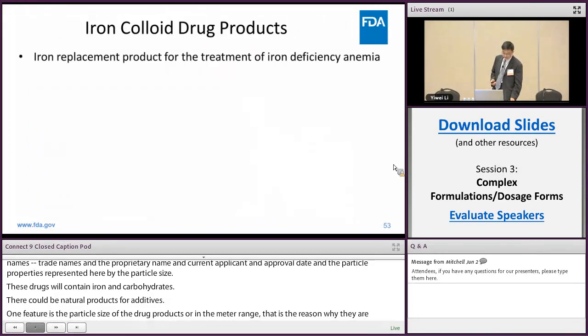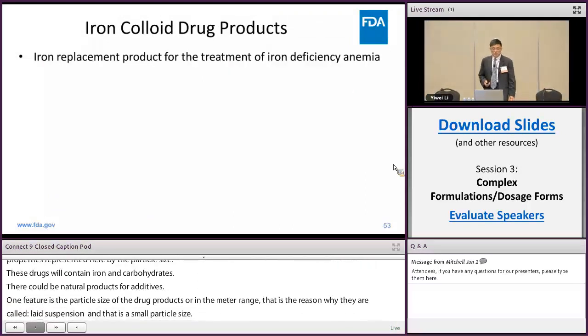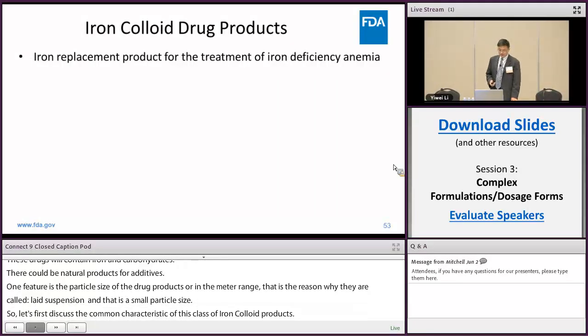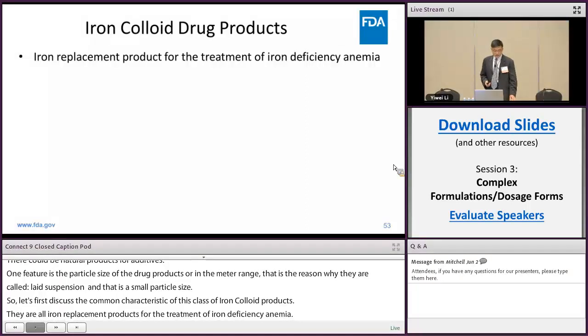So let's first discuss the common characteristics of this class of iron colloid drug products. They are all iron replacement products for the treatment of iron deficiency anemia. Here I must emphasize that what we discuss today is focused on this class of drug products, and their main route of administration is IV injection.